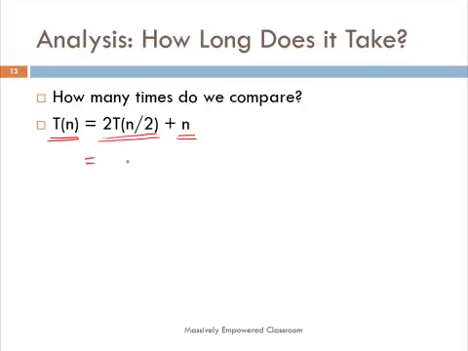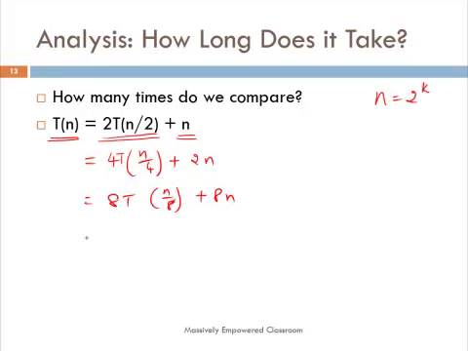So if we apply our substitution method as usual, this becomes 4T(n/4) plus 2n, 8T(n/8) plus 3n, and as usual, if n is a power of 2, in the end you get nT(1) plus k times n.